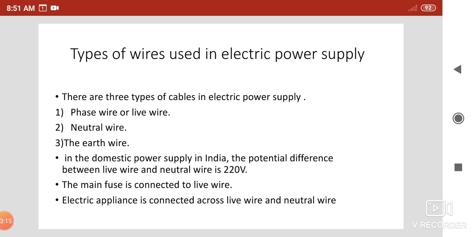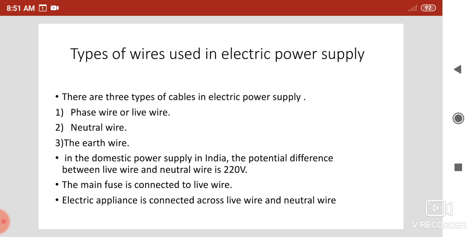So you can see that in the electrical circuit at home, there are different arrangements for different devices, and different types of wires are used. All the appliances need the phase wire as well as the neutral wire.